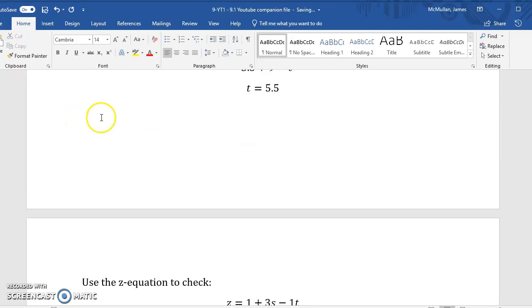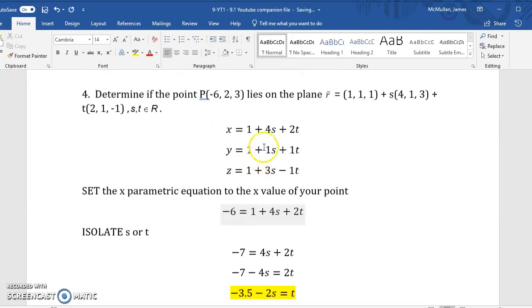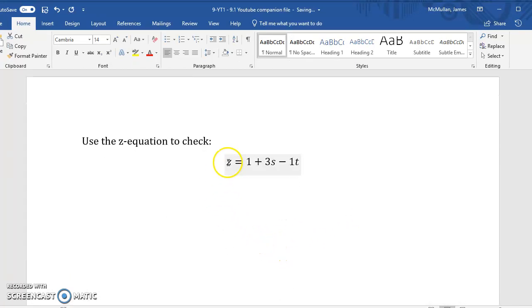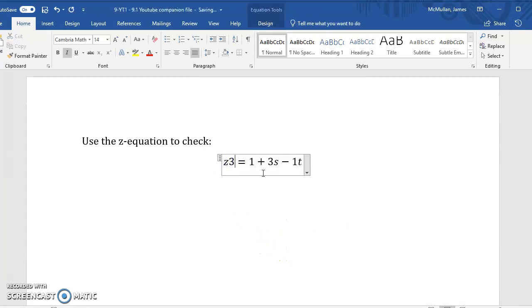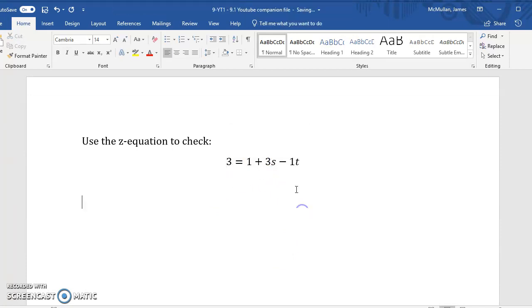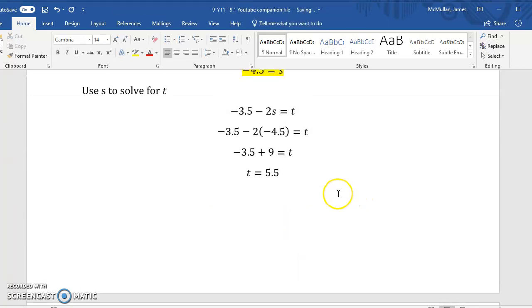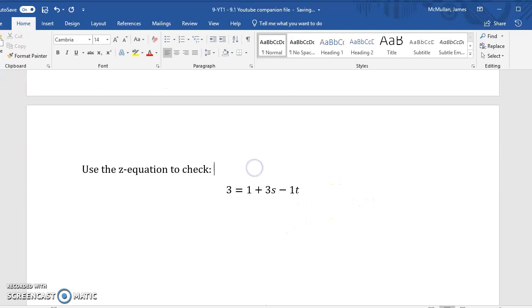Just make a new page with this one. And I know the z of the point I'm looking for is the number 3. So 3 is equal to 1 plus 3s minus 1t, keeping in mind that t is 5.5 and s is -4.5.